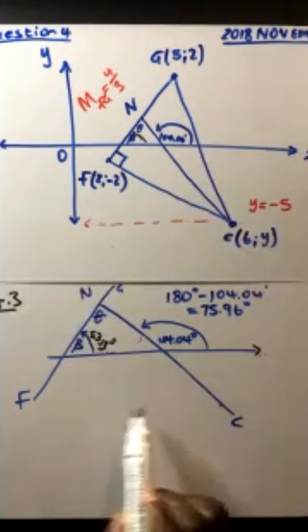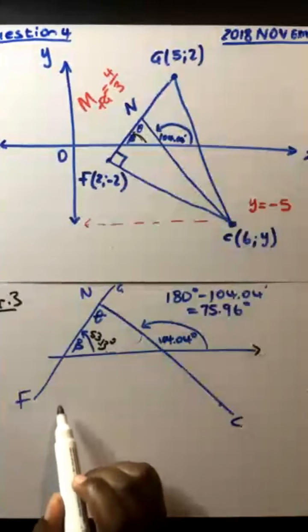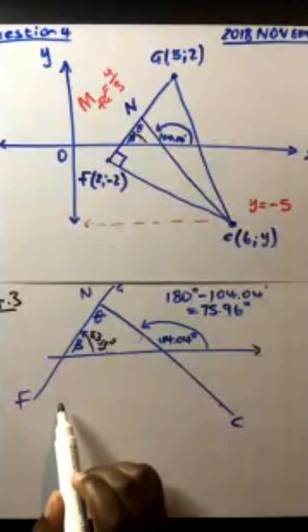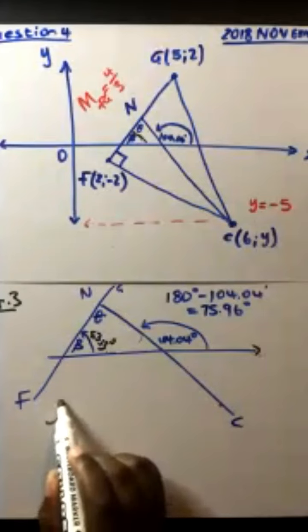Then how do I formulate it? Okay, so how would you formulate it? I think beta plus theta should equal 104,04.